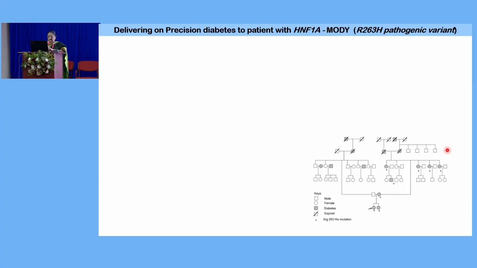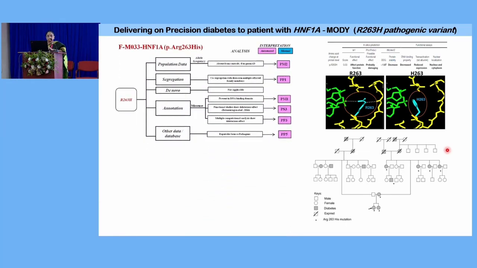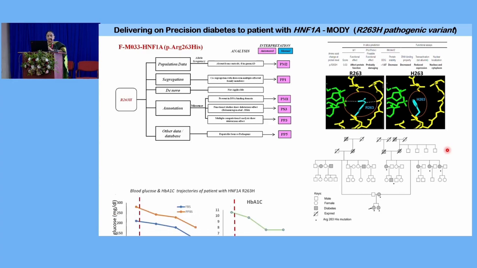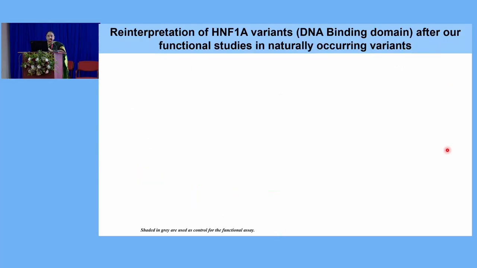We have taken the segregation analysis, we have done structural analysis, we have done the functional analysis, and of course, this is our informatics where we have gone through the ACMG guidelines, and eventually we've also gone through them continuously and followed them up. So this gives you a complete picture of what's really happening with each variant. This is what I'm doing for all the variants. It's a very time consuming job, but that's what we are at, and we are very happy to do that.